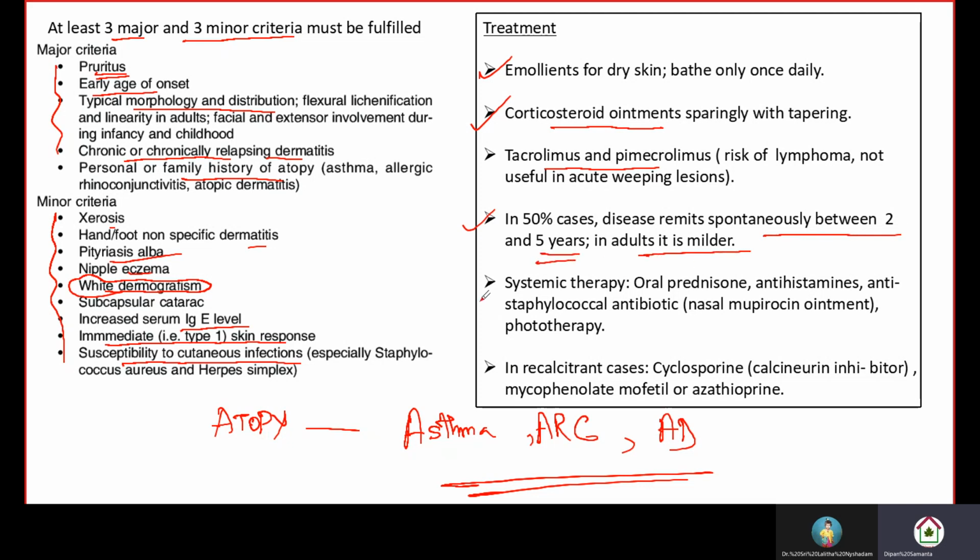In adults, it's milder. Systemic therapy: oral prednisone, antihistamines, anti-staphylococcal antibiotic also, phototherapy, and in recalcitrant cases, that means resistant cases, if the above drugs don't work, then go for cyclosporine or mycophenolate mofetil or azathioprine.